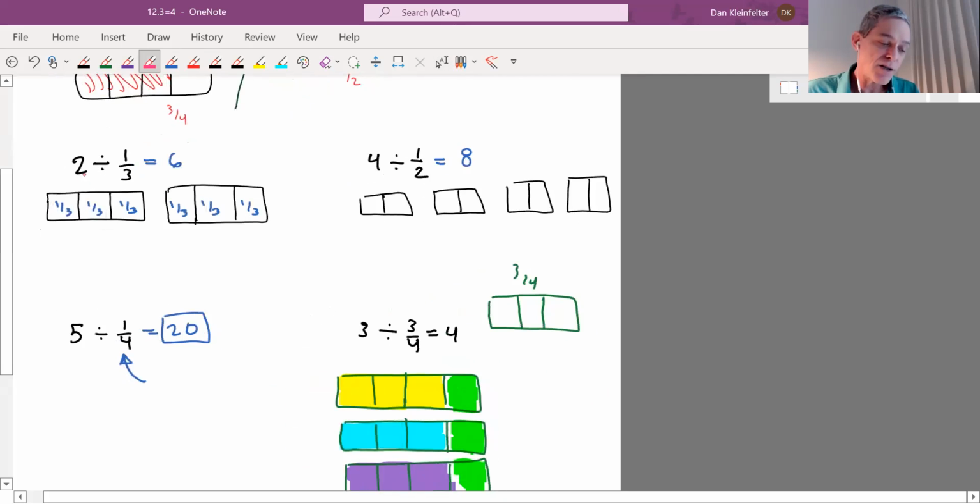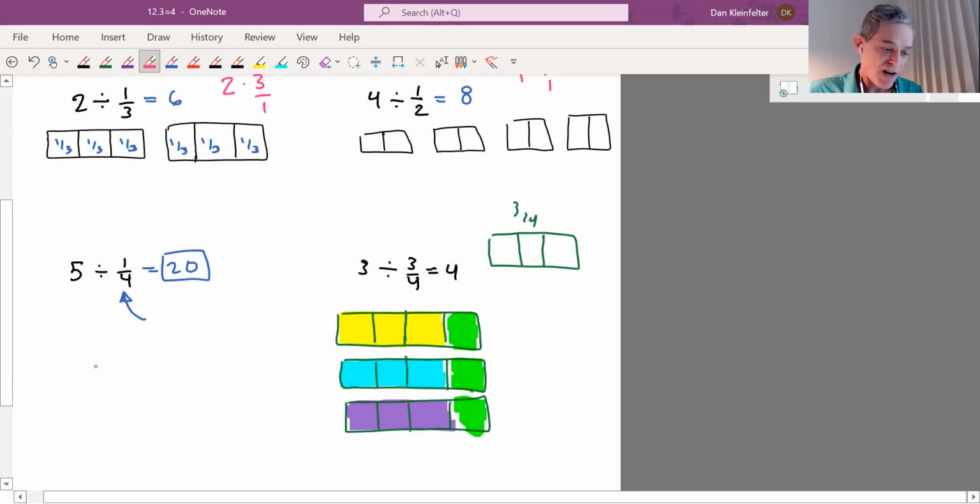So here, when we had 2 divided by 1/3, we ended up calculating 2 times 3/1, giving us 6. And 4 divided by 1/2 is the same as 4 times 2/1. That gave us 8. And then 5 divided by 1/4 turned out to be the same as 5 times 4/1.